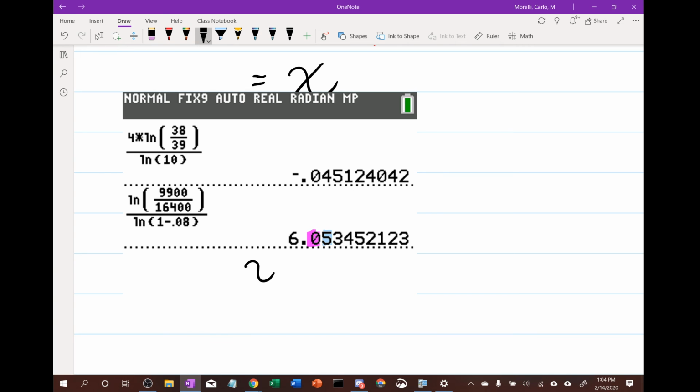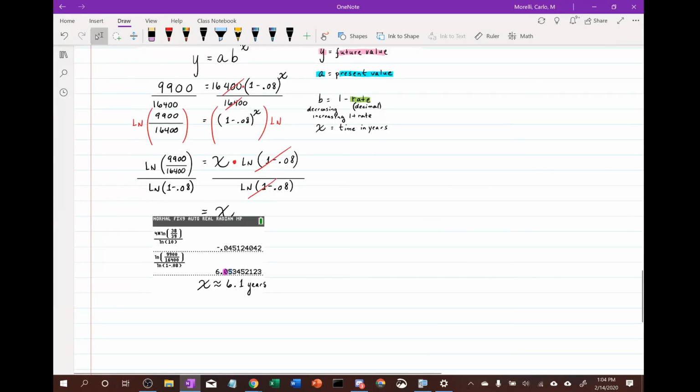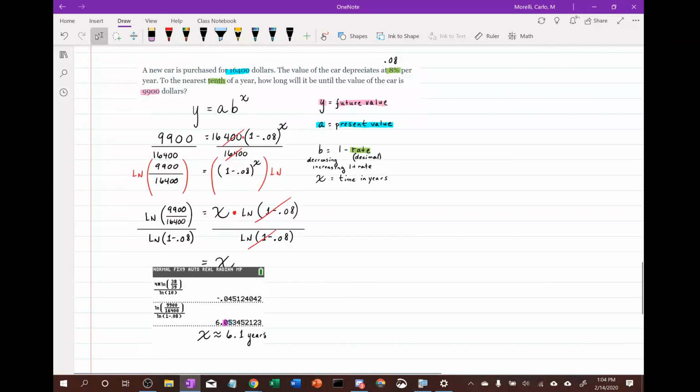So what we're saying is x is approximately equal to 6.1 years. It's going to take approximately 6.1 years for this car to drop in value from 16,400 to 9,900.